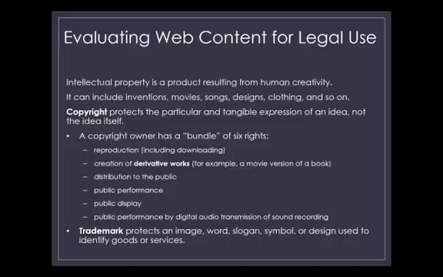So a copyright owner has a bundle of 6 rights: reproduction, including downloading, creation of a derivative work, for example, a movie version of a book, distribution to the public, public performance, public display, and public performance by digital audio transmission of a sound recording. Trademark protects an image, word, slogan, symbol, or design used to identify goods or services.